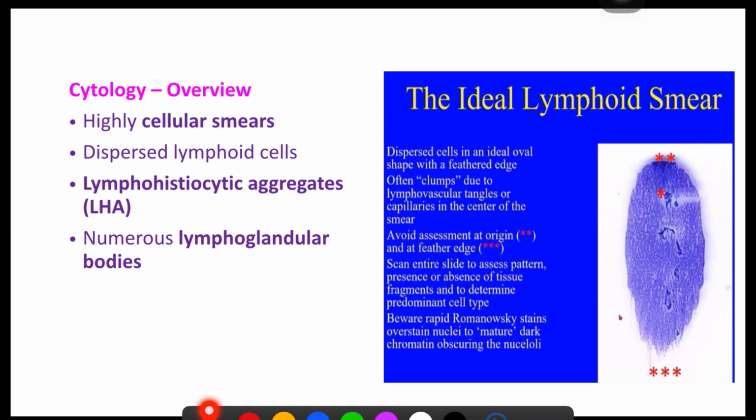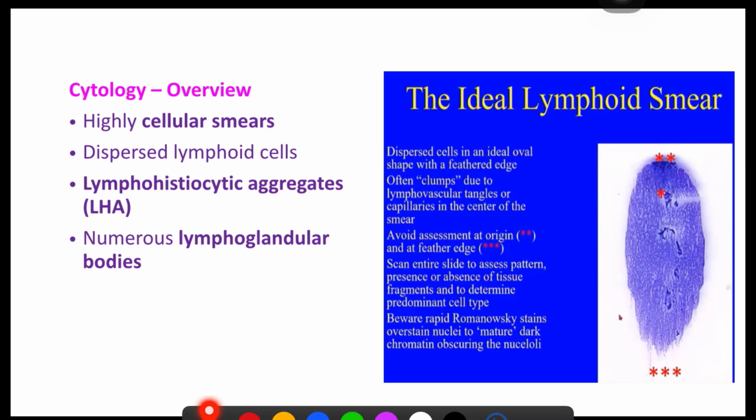Now cytologically, we have to see an ideal lymphoid smear, which has an ovoid shape with feathery edges.